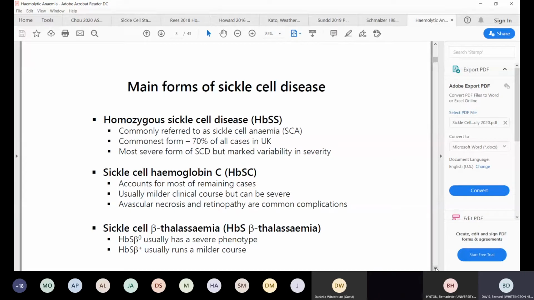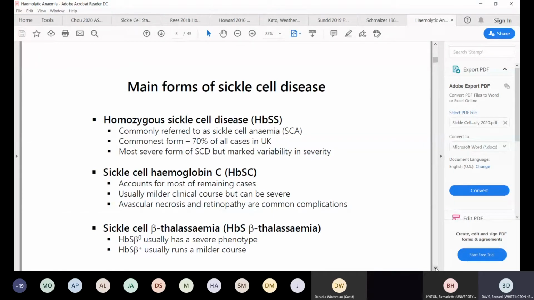So the first one is sickle cell anemia, which is the homozygous form of the disease. It is also by far the commonest form, not just in the UK, but around the world. Now, what's interesting is this, that even though the patient has homozygous disease, not everyone will have the same level of disease severity.